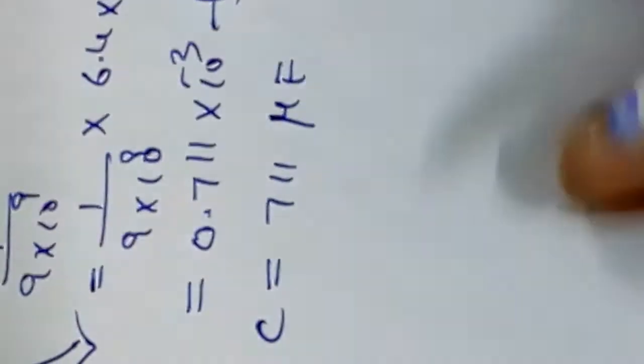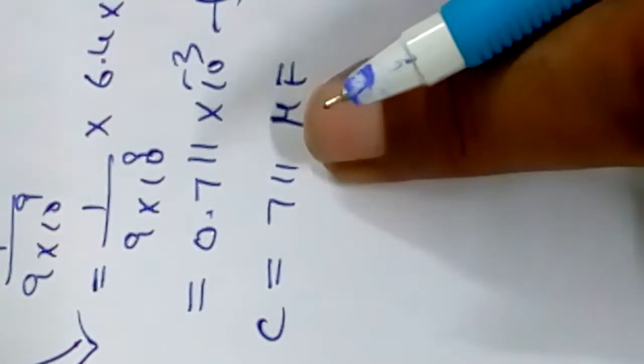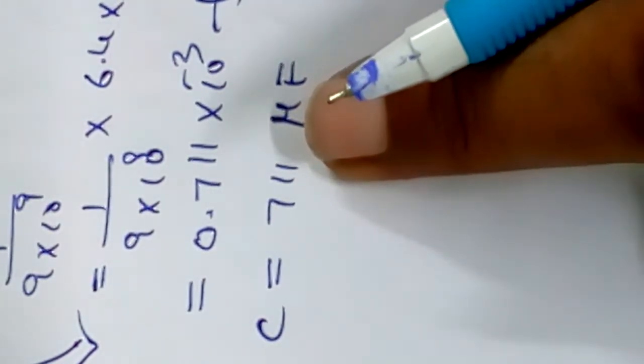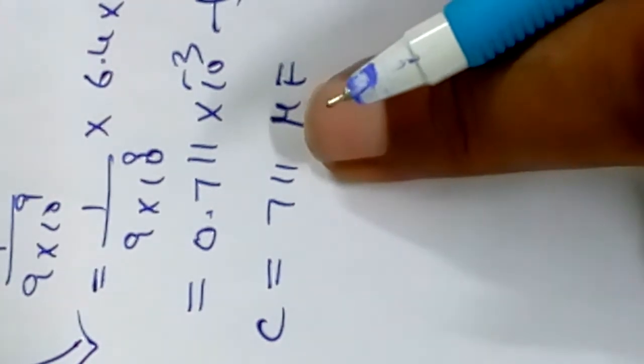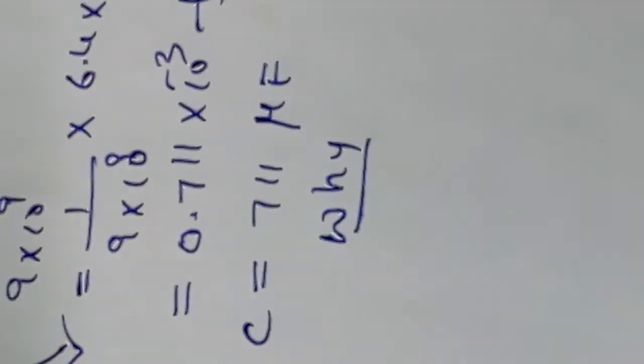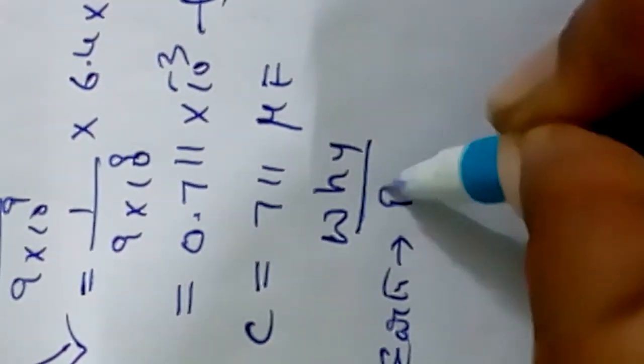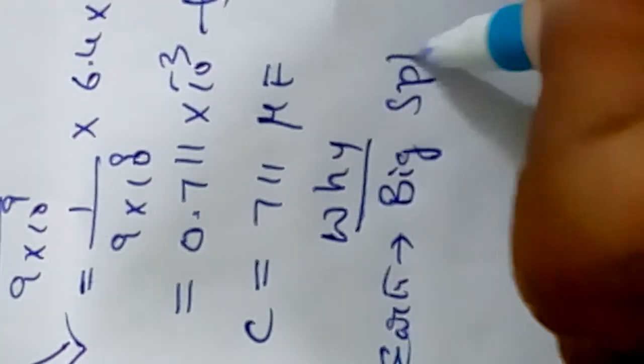Very interesting. The size of the earth appears to be very huge, but its capacity is found to be very small. And that is the reason why we need smaller and smaller units to measure smaller capacities. Now, why is this happening? If you take the earth, we can say it is a big sphere.